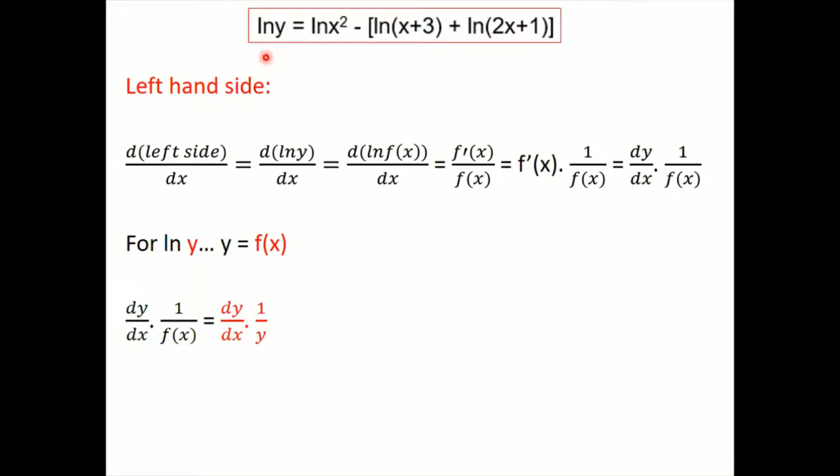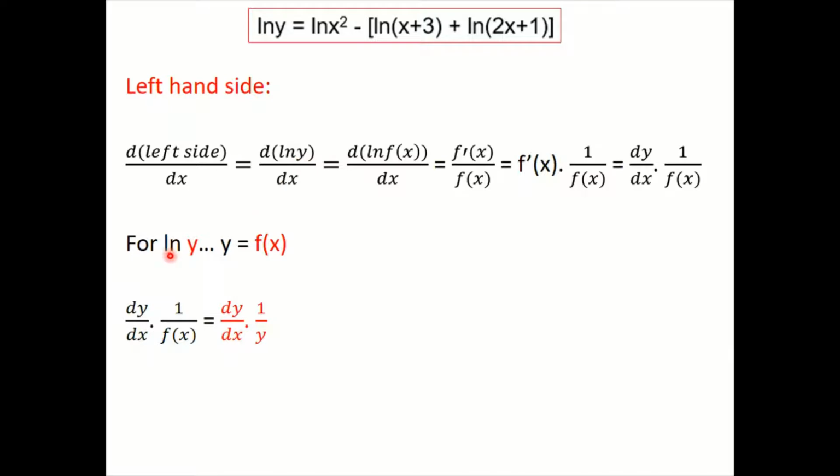Now that we've taken the natural logarithm of both sides of this equation, what we need to do is differentiate both sides of the equation. So we will start with the left-hand side, differentiating with respect to x. On the left-hand side, we've got the natural logarithm of y.